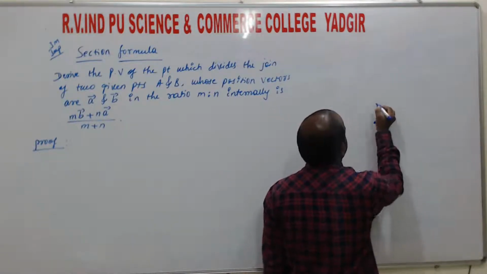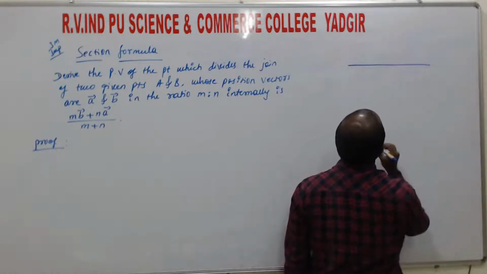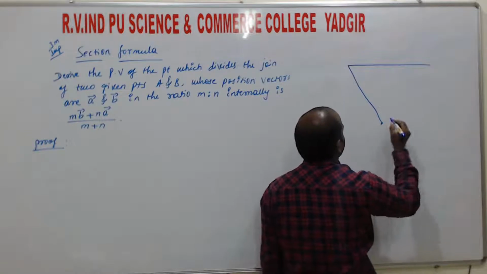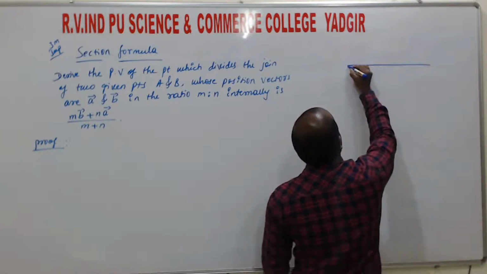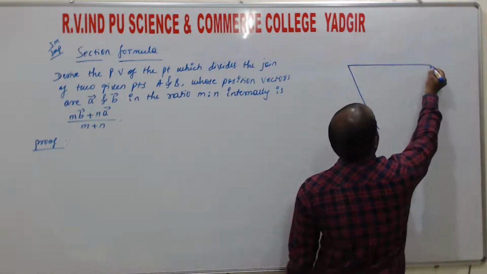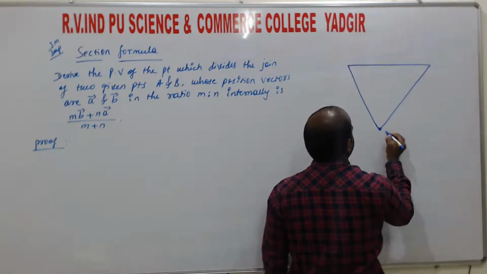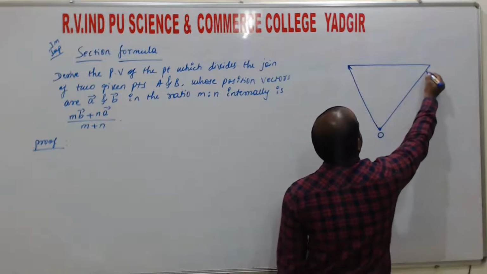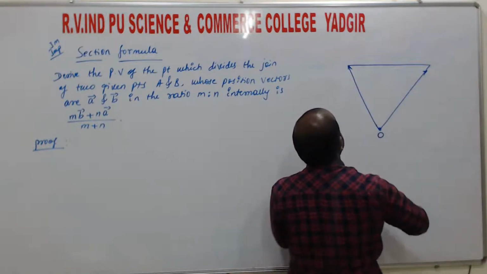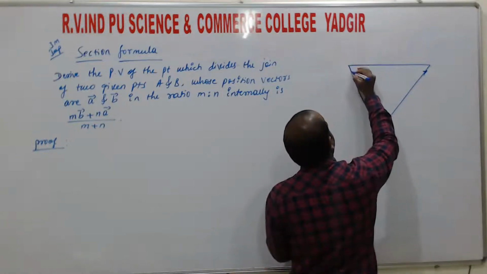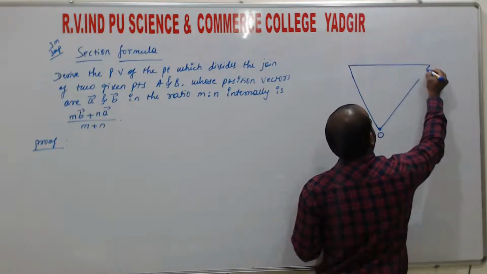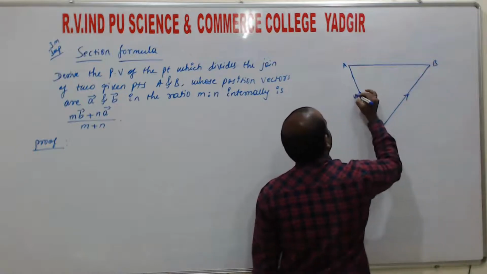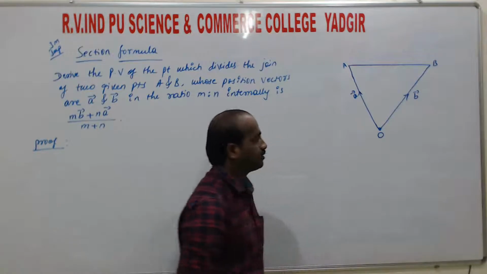Then OA is equal to A vector, OB vector is equal to B vector.